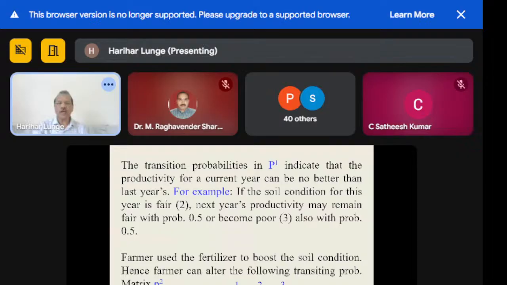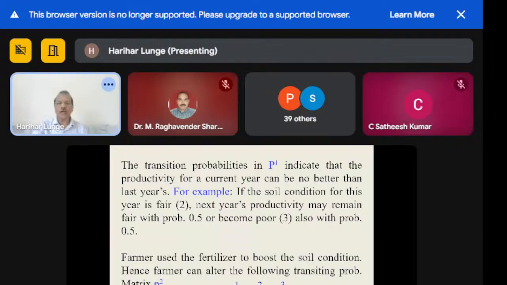Now the farmer uses the fertilizer to boost the soil condition. The farmer has these two choices, two actions: to use the fertilizer and not to use the fertilizer. So the farmer has two choices and three states, that is about the soil condition: good, fair, and poor.